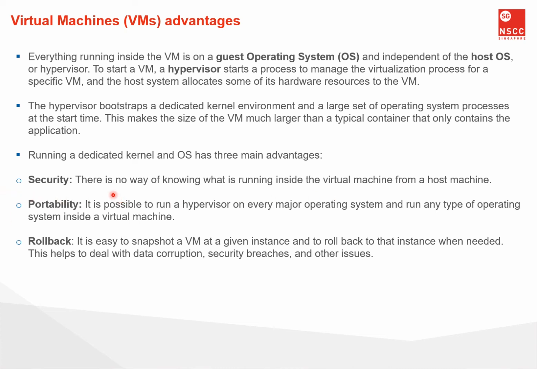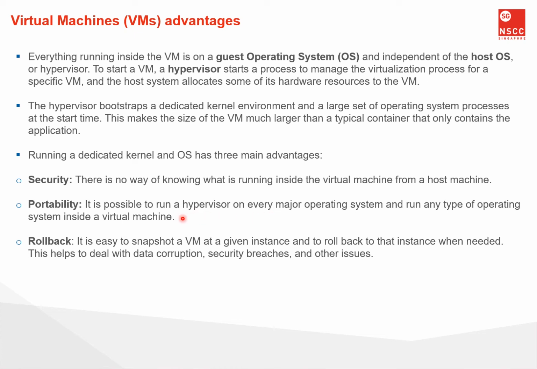Secondly, portability. It's possible for you to save the entire virtual machine into an image and then run this entire virtual machine on another physical machine. It's basically a cloning process. We just clone the whole operating system, including the hard disk configuration, the library configuration, the application configuration, everything running within the virtual machine, and then you can port it over to run on another server.